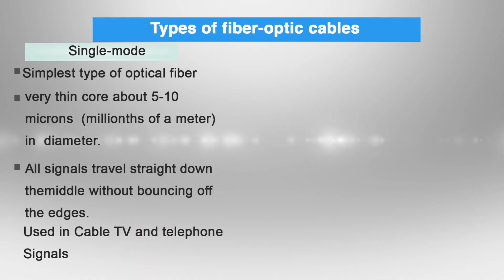Third type of fiber is single mode fiber. Single mode fiber is a type of optical fiber that is designed to transmit a single beam of light over long distances.